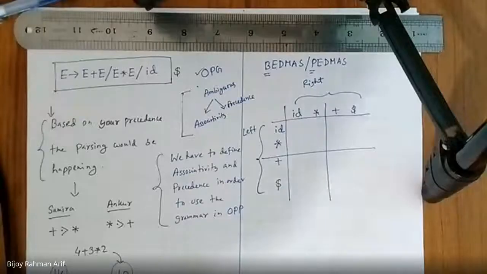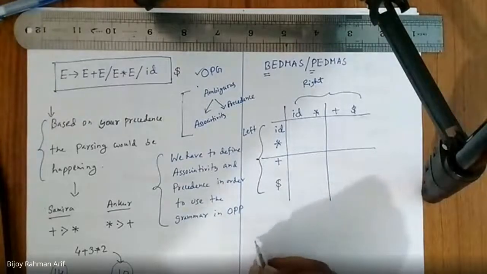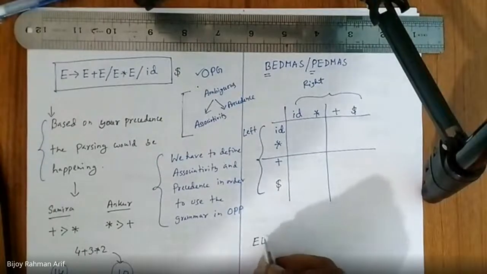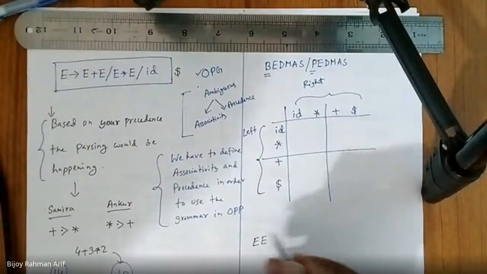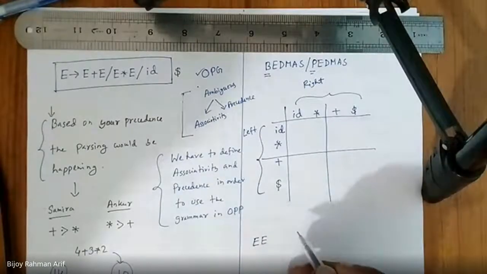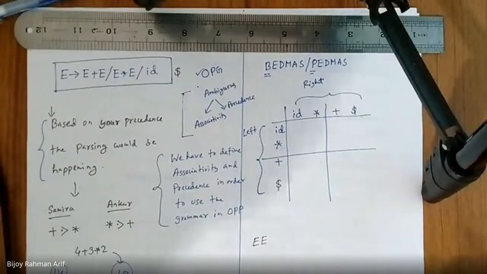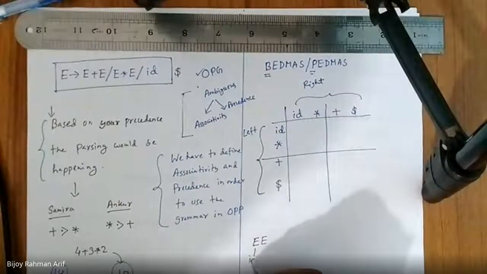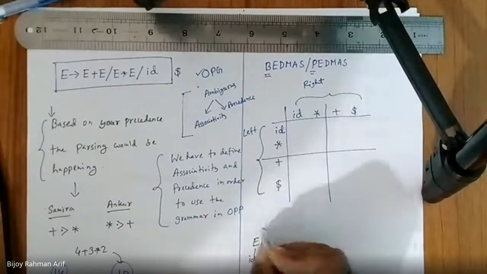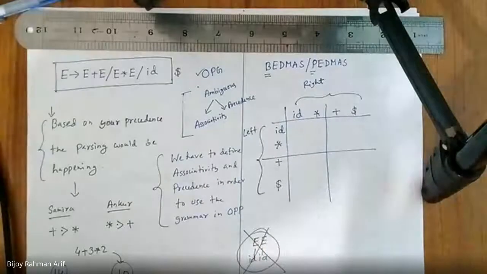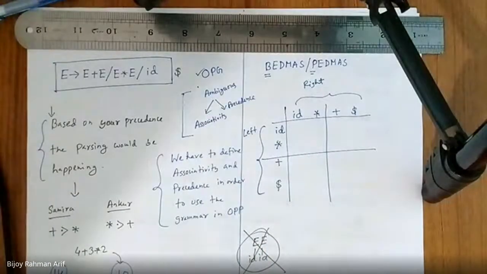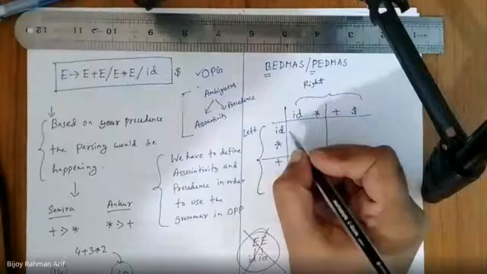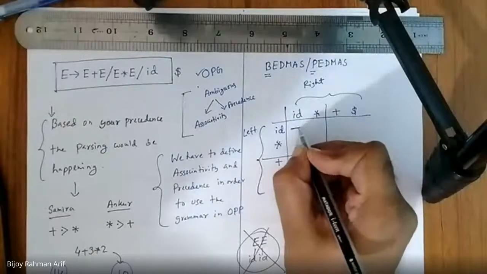In operator precedence grammar, two variables can never be side by side. So is E and E possible or not? No, sir. Can we ever have this kind of transitional state, E and E? No. So we can never get ID and ID side by side. We restricted this possibility using operator precedence grammar. Am I right or not? Yes, sir. So it would never happen. If it is happening, it is an error. Did you get it?